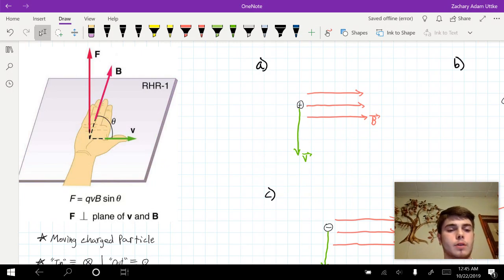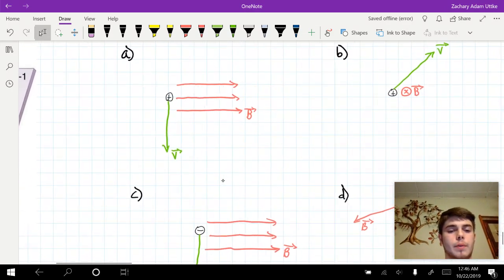Your fingers are going to be the magnetic field B, and the direction that your palm is facing is going to be the direction of the force. Also, this image does a really good job at showing what the angle is between. The angle is between velocity and the magnetic field. So with that, the force is perpendicular to the plane that both of those create.